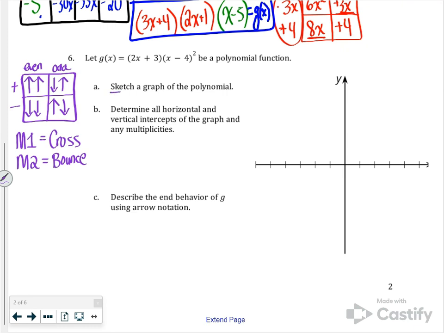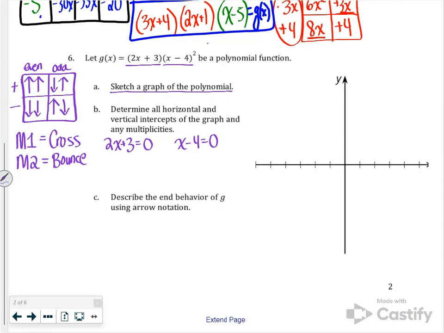Question A says to sketch a graph of the polynomial. So the first thing I want to do is analyze this factor. I'm going to set 2x plus 3 equal to 0. And then I'm going to take x minus 4, and I will set that equal to 0 as well.